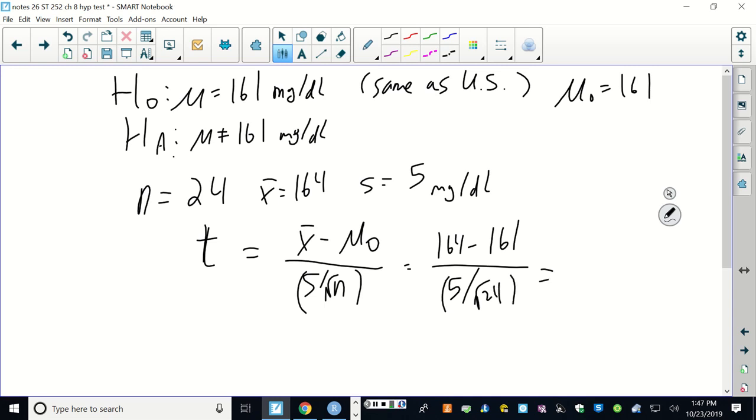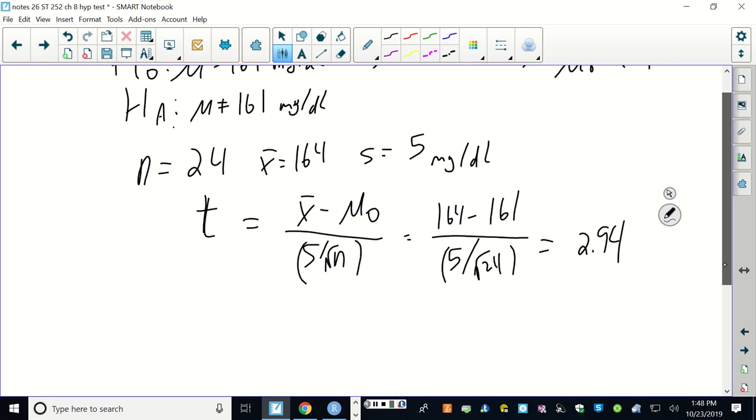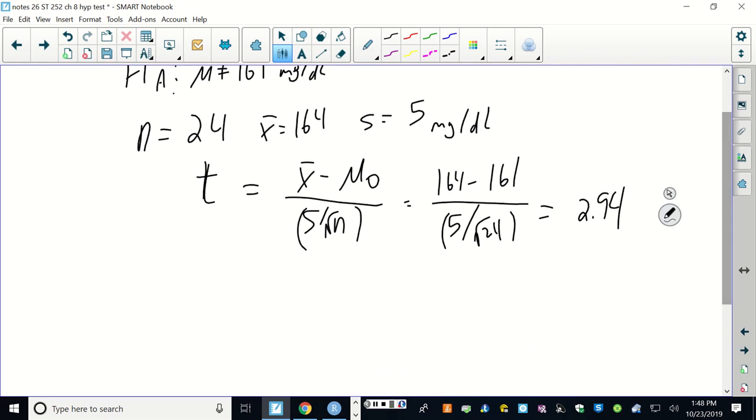So this is almost like 1 down here. So this is going to be pretty big, probably. It ends up being 2.94. So that's a pretty big t-value, right, as our t-statistic. The degrees of freedom we'll use in the t-distribution for comparison is 23.